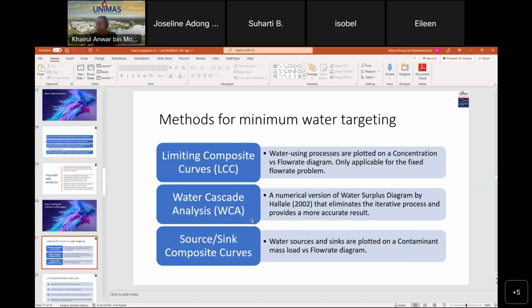Water cascade analysis, WCA, a numerical version of the water surplus diagram by Hallale that eliminates the iterative process and provides a more accurate result. The last one is the source sink composite curve. Water source and sink are plotted on a contaminant mass load versus flow rate diagram.